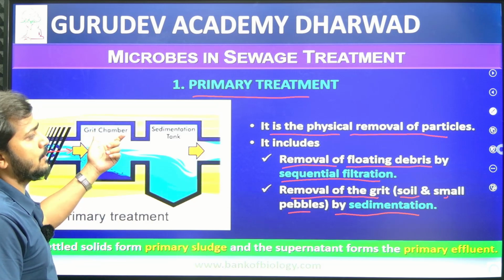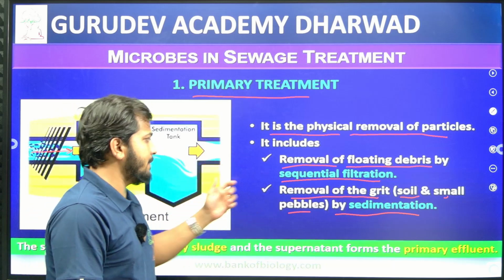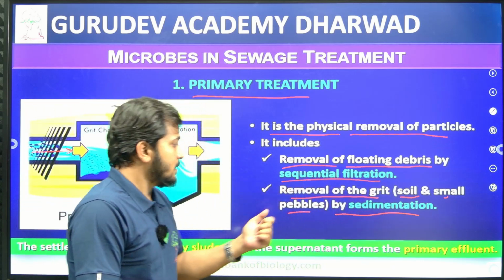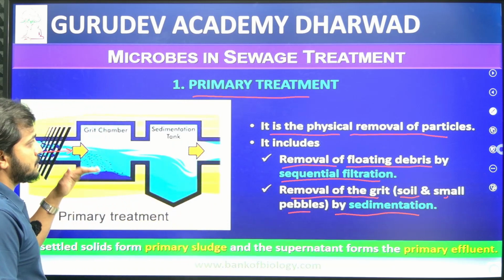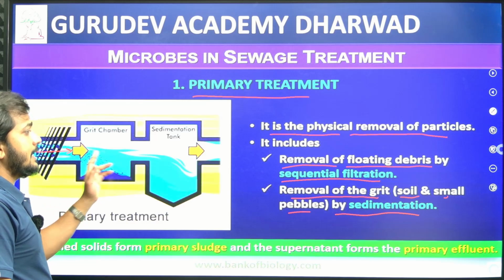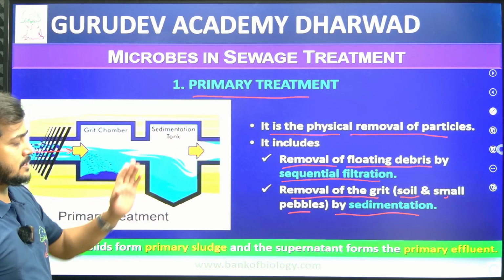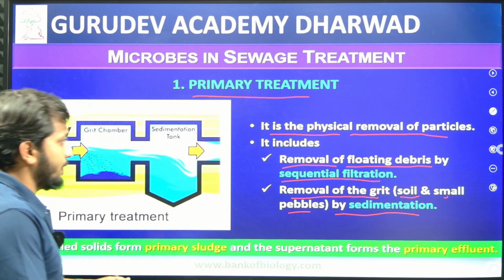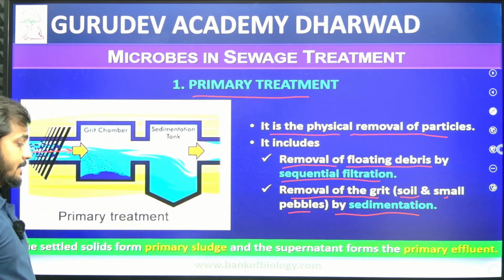Now the water enters the grit chamber, as we call it. Grit means soil and small pebbles that are collected in the grit chamber. Then it should be passed on to the sedimentation tank, and then the next step is the secondary treatment, right.